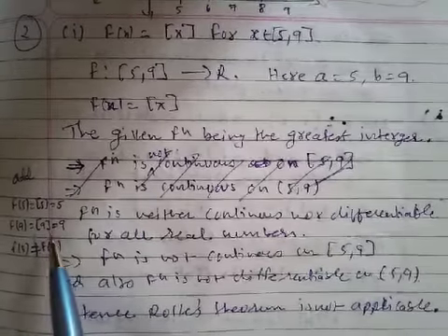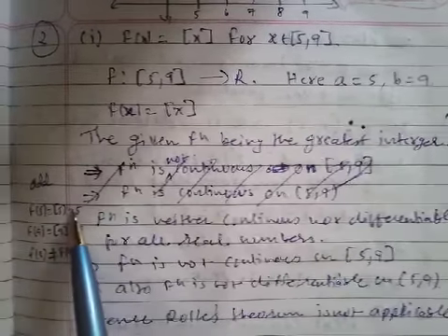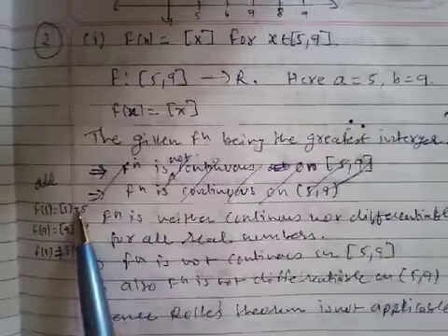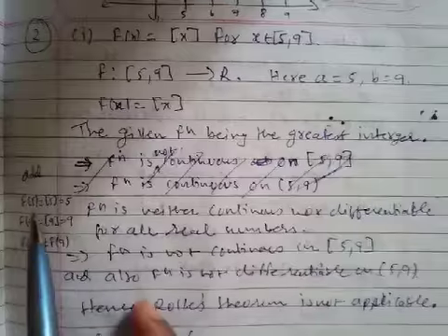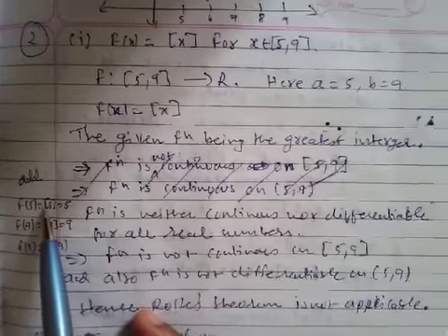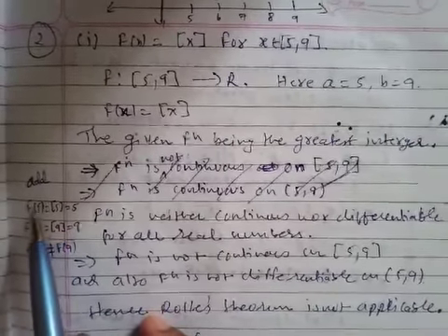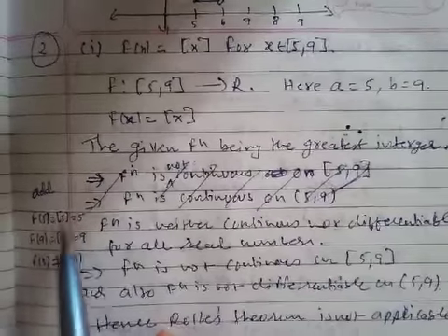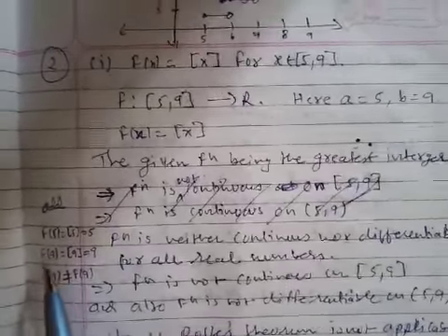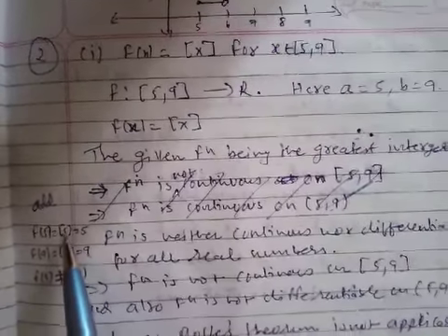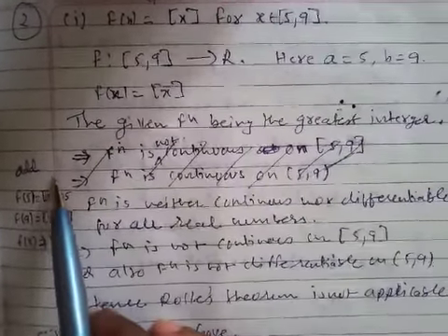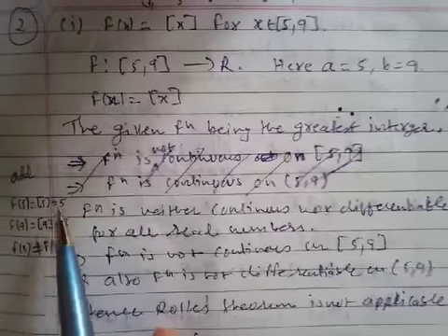And also the third condition: f of 5, that is f of a, and f of 9, that is f of b, are not equal. Because if we say greatest integer, what is the greatest integer of 5? It is 5. What is the greatest integer of 9? It is 9. If it had been 4.5, I would have taken 4.